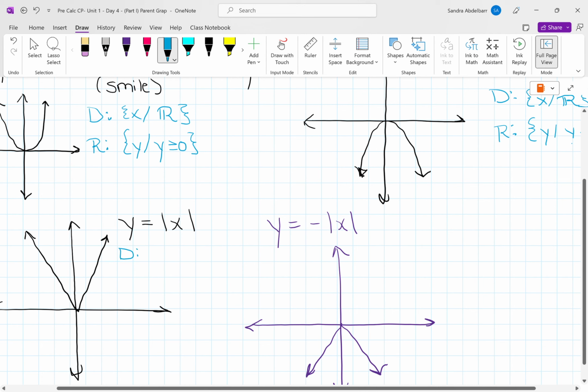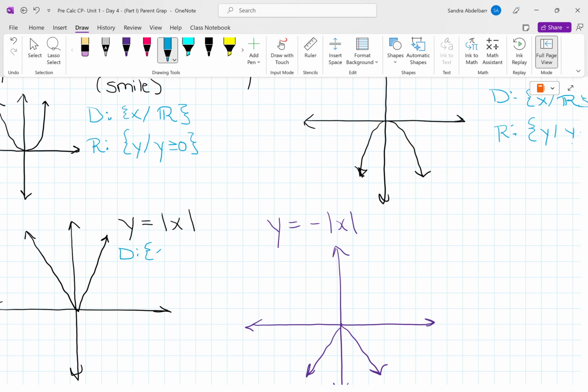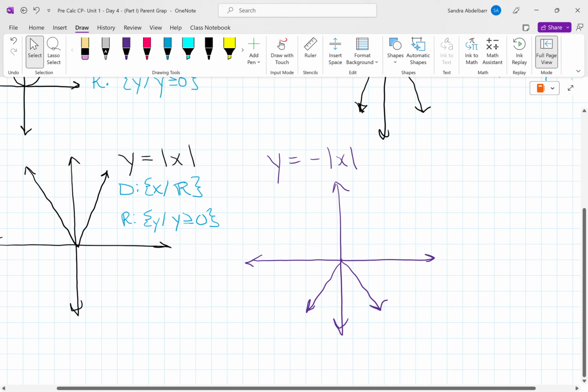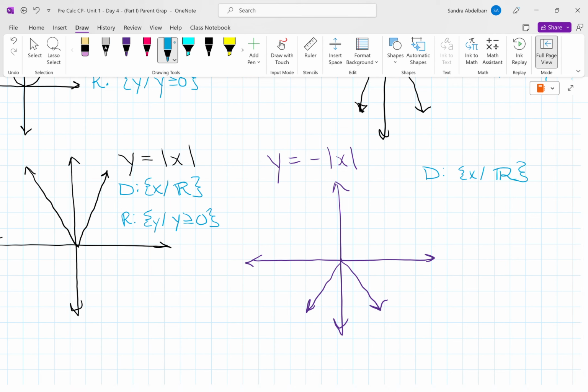Okay, our domain for our absolute value here is all reals. And our range is y such that y is greater than or equal to 0. So it's pretty much the same as the parabola. And when we make our v frown, our domain, similar to the parabola, is all reals, and our range is y is less than or equal to 0.